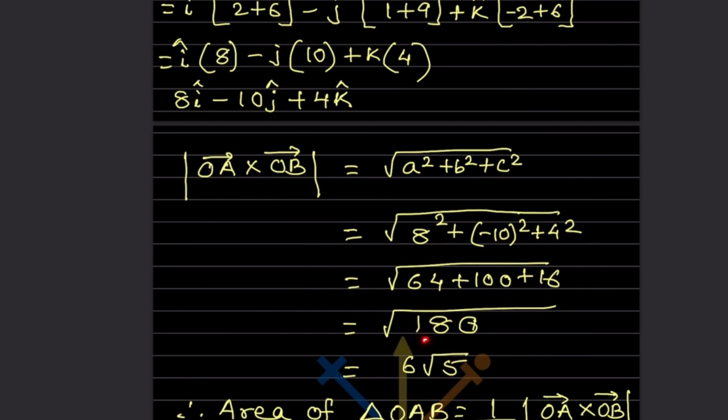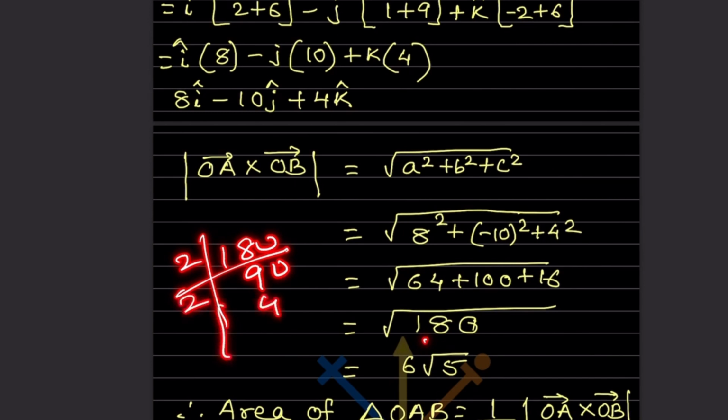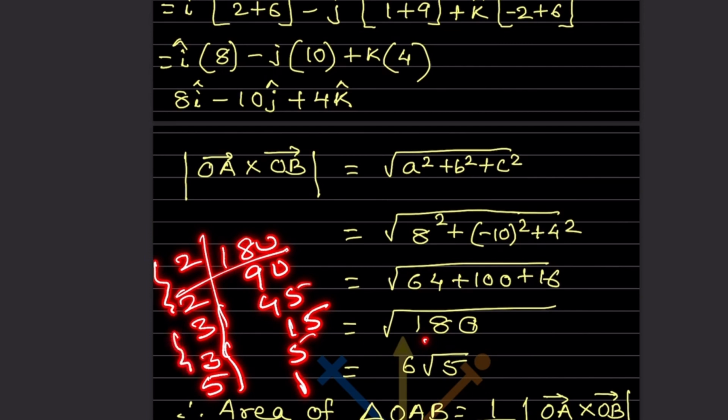So now see here 180, when you take the factors of 180, what do we get over here? 2 nines are, 2 twos are, 3 fives are, and here will be 3 fives are and 5 ones are. So now what we have to see, because now you will take these numbers. So here you are going to write only 2 because we want the square root.